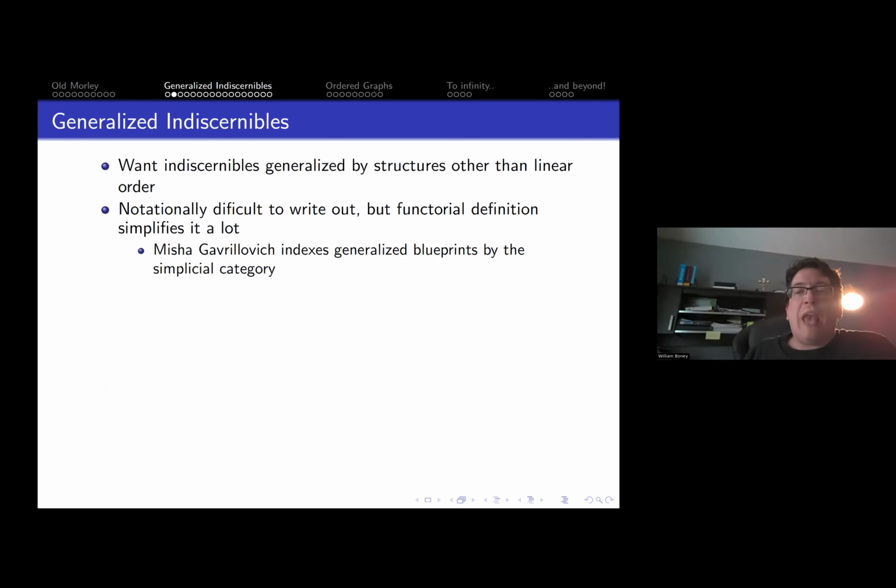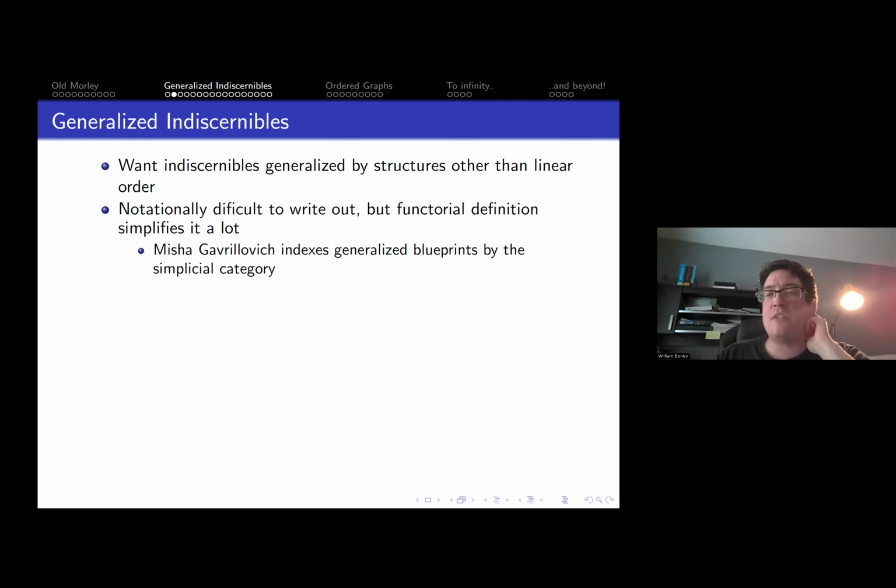So we have this way of phrasing indiscernibles indexed by linear orders. But for generalized indiscernibles, you want to index them by stuff other than linear orders. You can write this out in a very model theoretic way with types and everything, but there's a lot of notational complexity that's simplified by approaching it category theoretically.